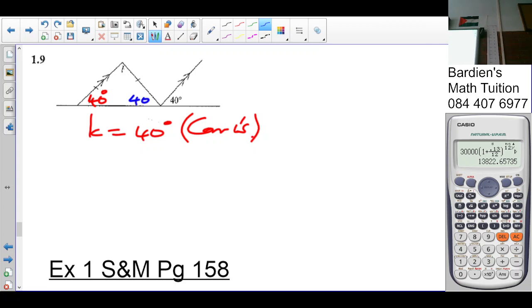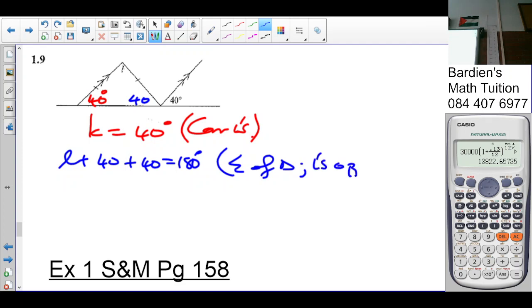So in other words, if that angle is 40, what can I say? L plus 40 plus 40 equals 180. Why? Sum of triangle. And what else did we use? Angles opposite equal sides.